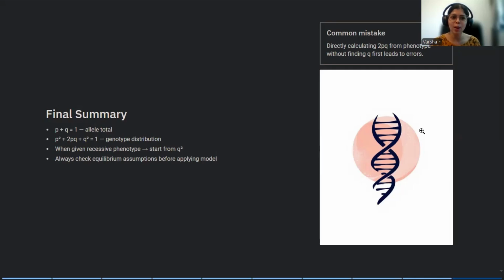So now to sum it all up, P plus Q is equal to 1. This is the allele total. P square plus 2PQ plus Q square is the genotypic distribution.